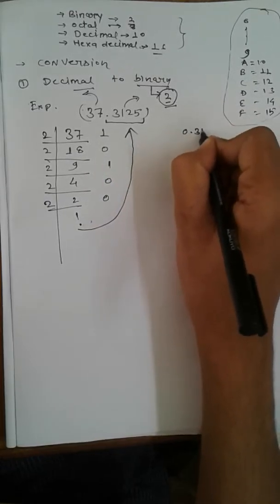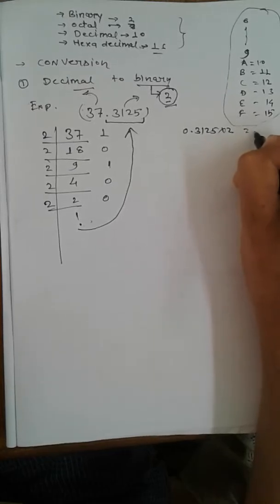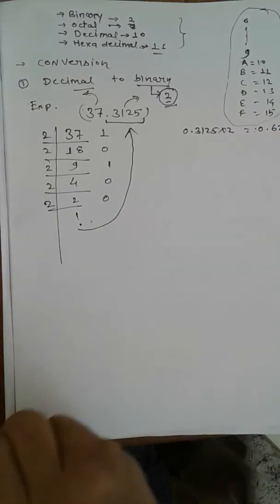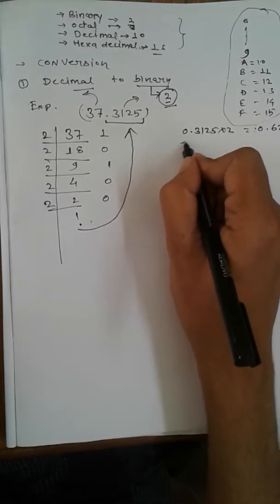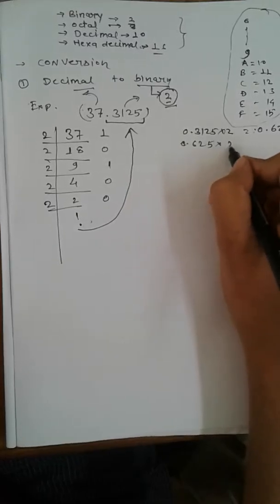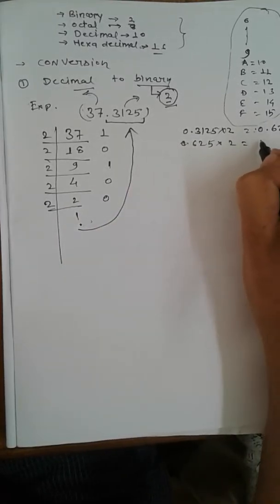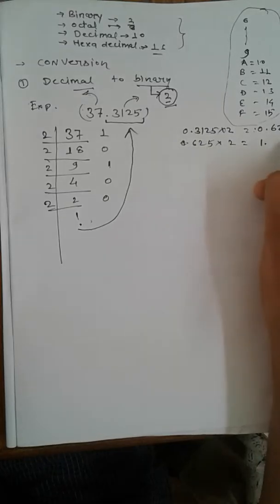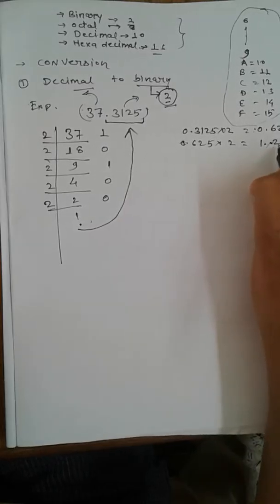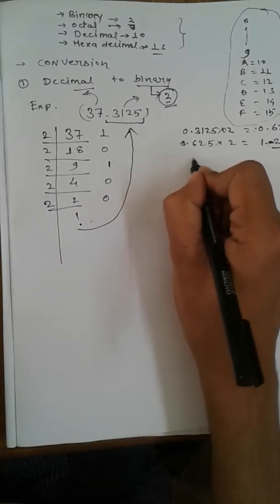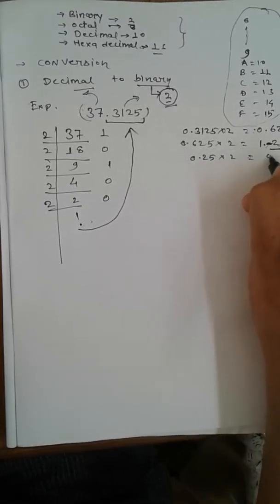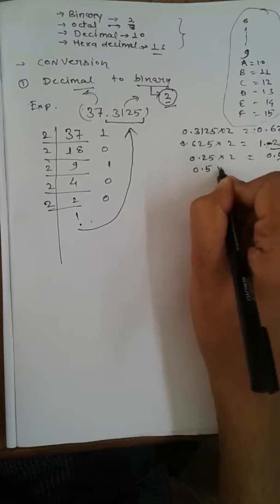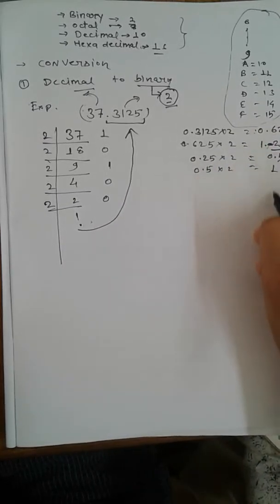So 0.3125 into 2 is 0.625. Then 0.625 into 2 is 1.25, so we take 1 and use only the fractional part 0.25. 0.25 into 2 is 0.5, and 0.5 into 2 is 1, and we take only the integer part.